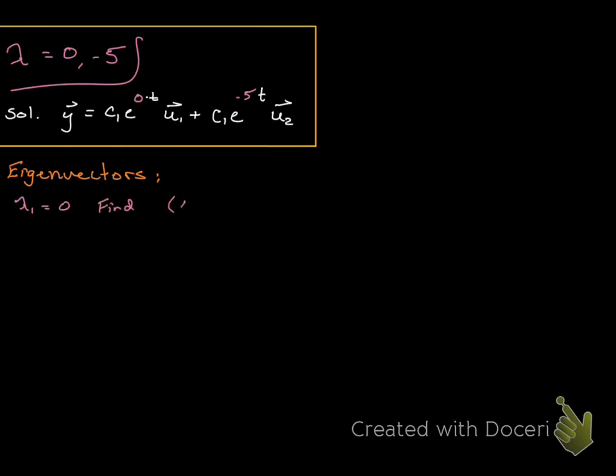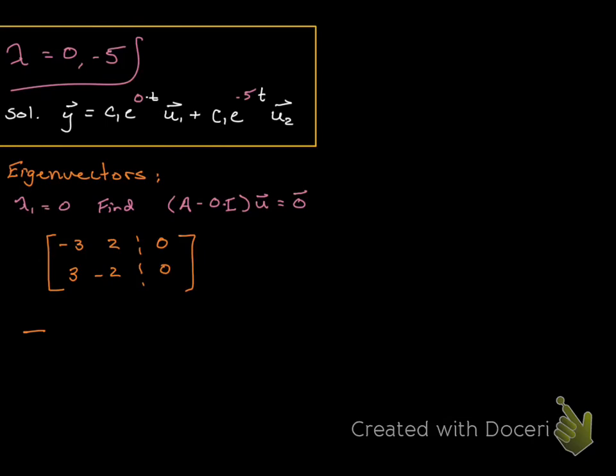I need to find the solutions to A minus 0I times u equals 0. Right? That's the equation that we solve to find eigenvectors. So I take A and I subtract 0 along the diagonal. Well, then that's exactly A. Right? Minus 3, 2, 3, minus 2, augmented with the 0 vector, and I reduce to solve the system.